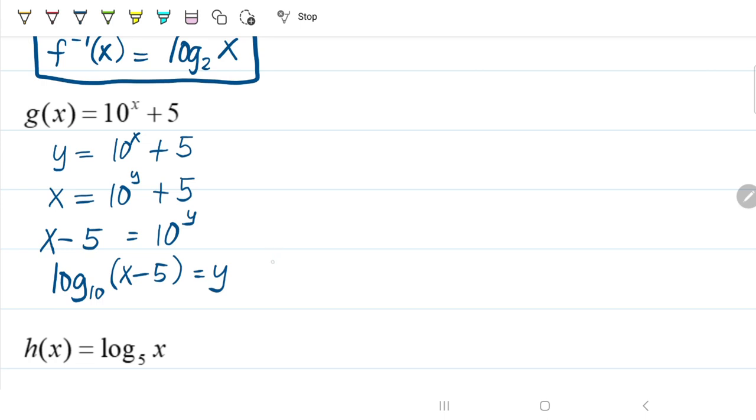Again, to get the inverse, we just use our proper notation. So y, we will make it g inverse. So g inverse is equal to log. Since this is a common logarithm, our base is 10, so we can opt not to write the base 10. So this is log of x minus 5.